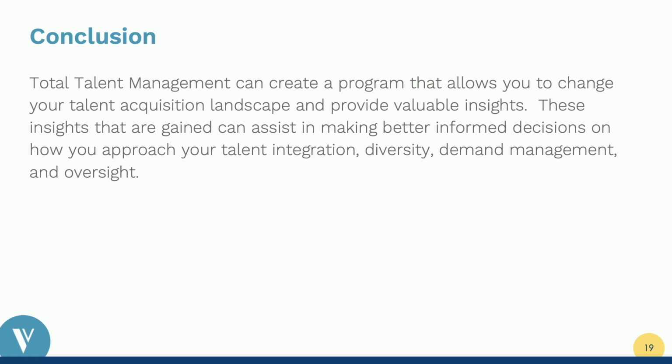And it allows you to learn about how you find talent, where the talent is, what the pay is, how long it takes to get them hired. Those are all valuable insights. They're gained and they can assist in making better informed decisions on how you approach your talent integration, diversity, demand management, and the oversight. So I'm happy to open it up for questions you may have.